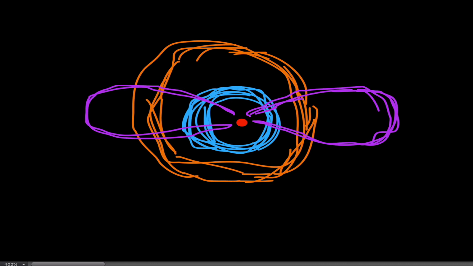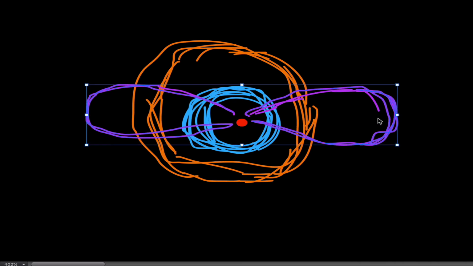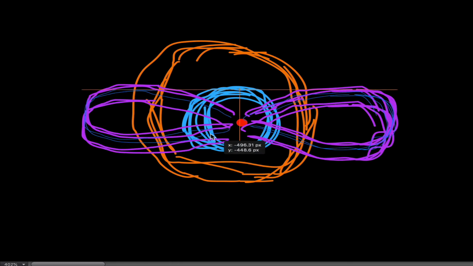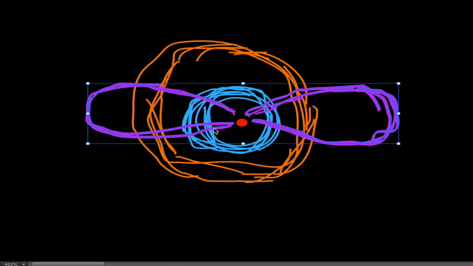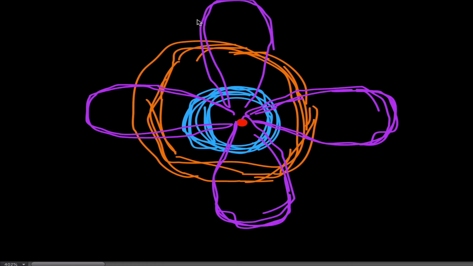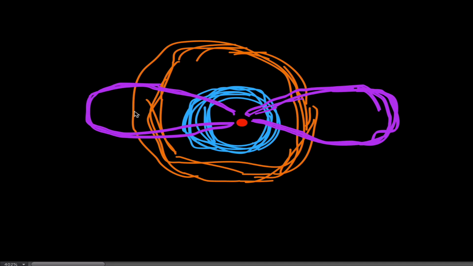Okay, so now I'm just going to copy this because I don't really want to draw the whole thing again. Copy, paste, okay. Put that right there. Okay, now turn it. So an electron can be in any of the 3 dimensions.